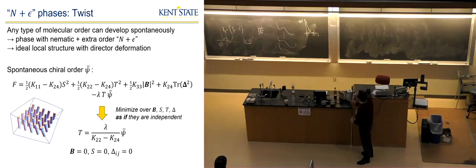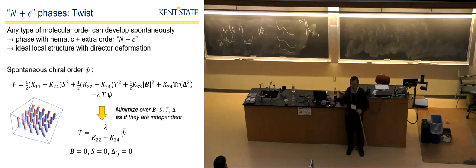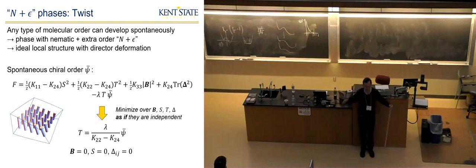What about twist? Okay. Well, this now is something organic chemists do all the time, right? There's a huge industry of organic chemistry making chiral molecules to go into liquid crystal phases.